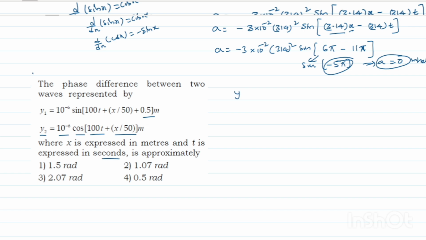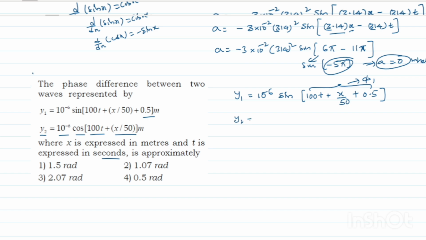So let us take, students, y1 equals 10 power minus 6 into sine (100t plus x by 50 plus 0.5). This whole thing we will call the phase. Let us take this as the initial phase, phi 1.